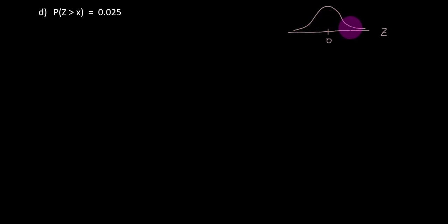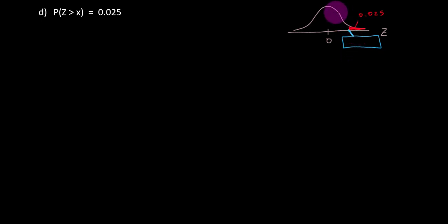So that's going to be in the right tail in a fairly small shaded region here in red. That is 0.025. And again, just like in the previous questions, we need to find this tick mark. We can guess, is that going to be a positive or a negative z value? It's definitely going to be positive.